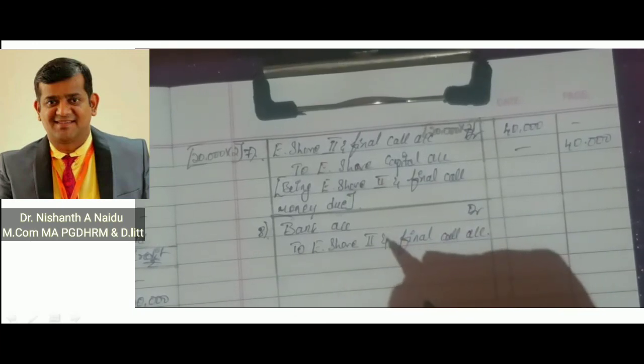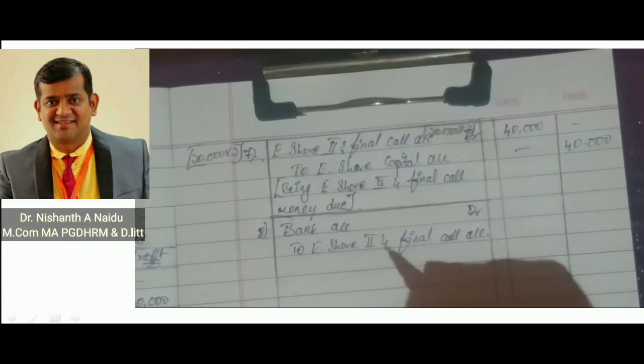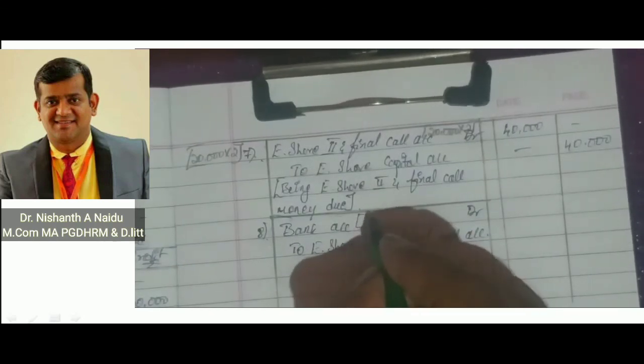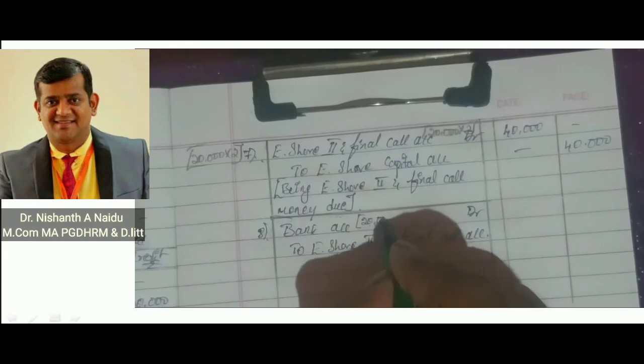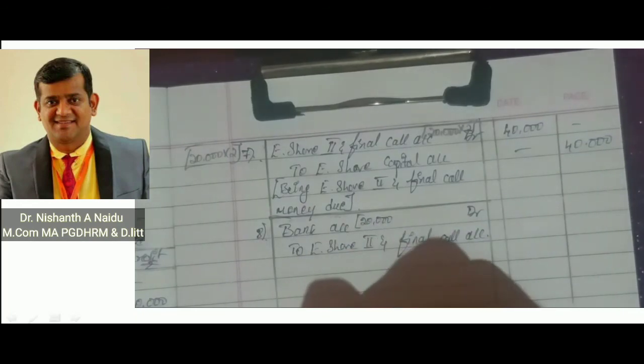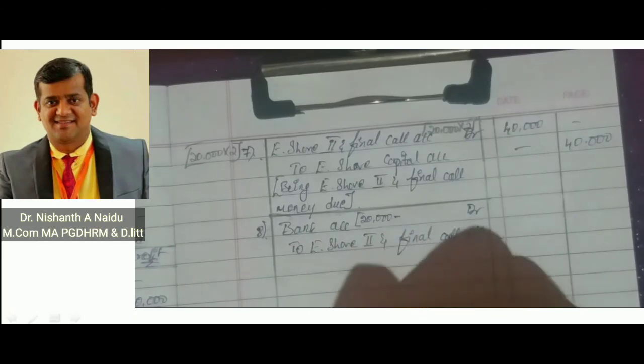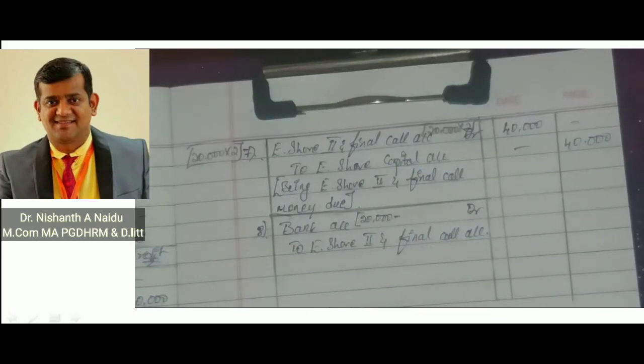Now actually I'm supposed to receive 20,000 shares' second call money, but in the problem he says except 2,000 shares on the final call.